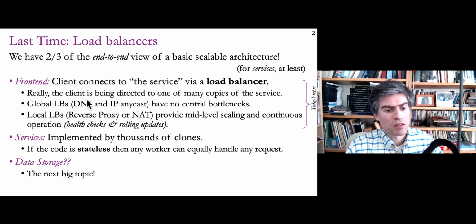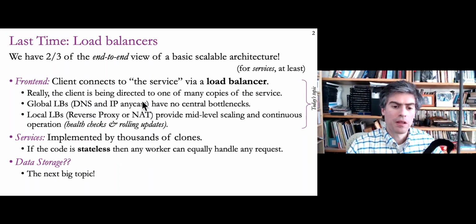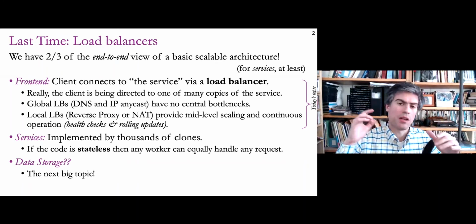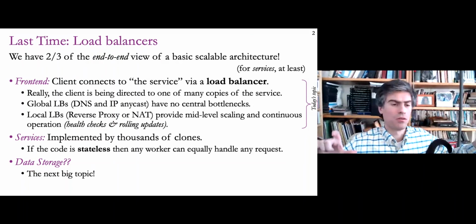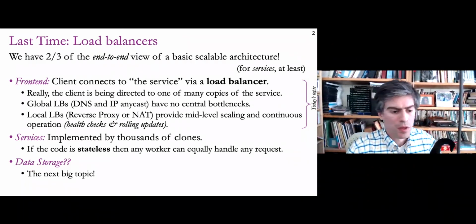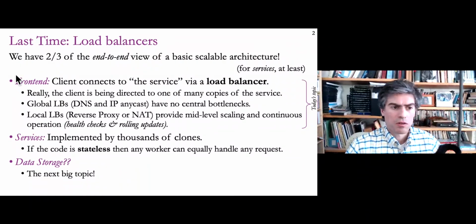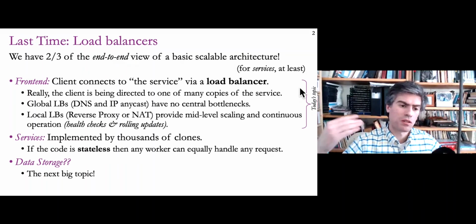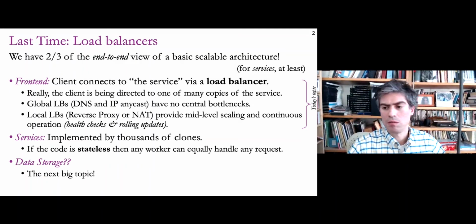That directory service could be either DNS, the domain name service, or it could be done through IP address resolution, essentially the IP anycast approach, where users are all connecting to one IP address, but somehow that IP address actually refers to multiple locations around the world. So load balancing is really all about scaling the front end, the connection point between the user and your service, getting a user to one of the many clones of your service.